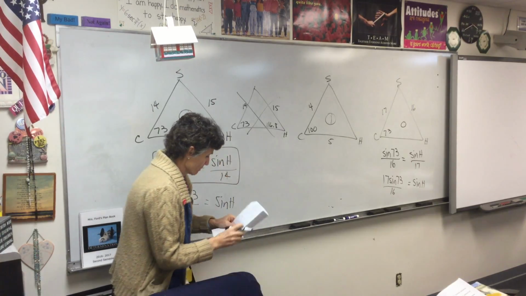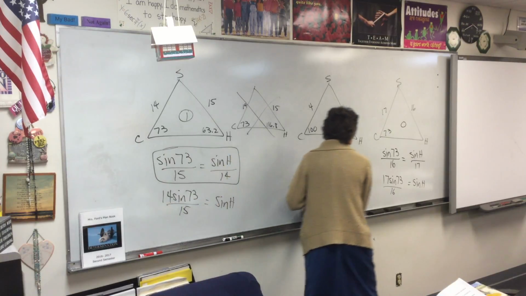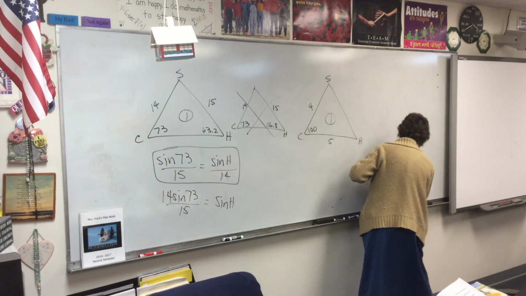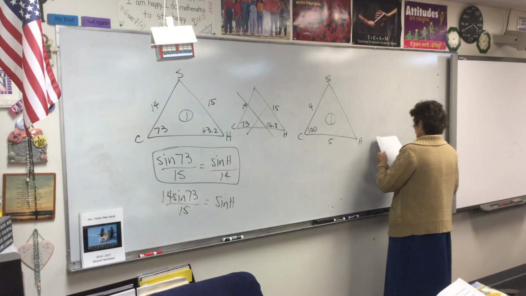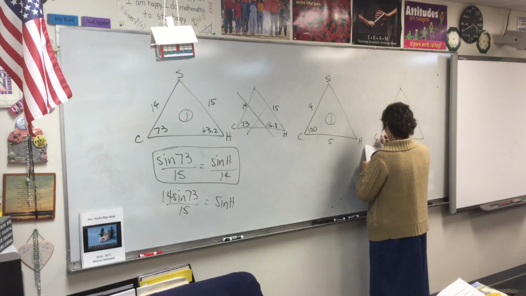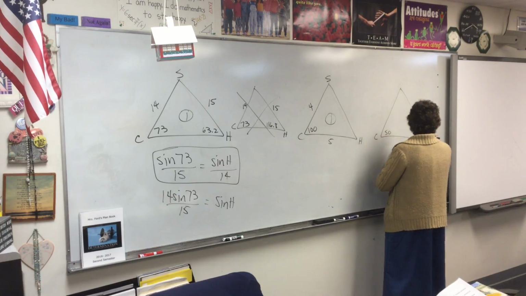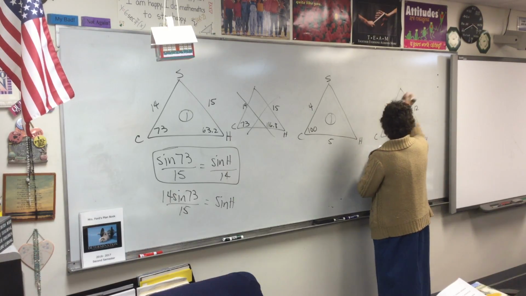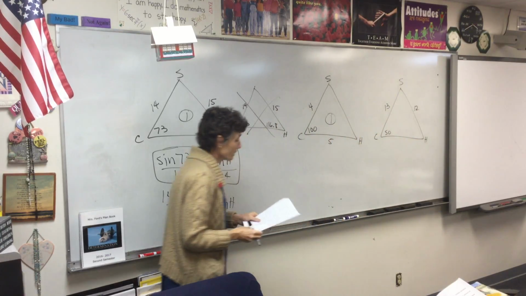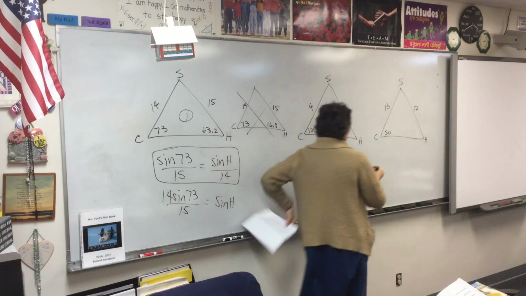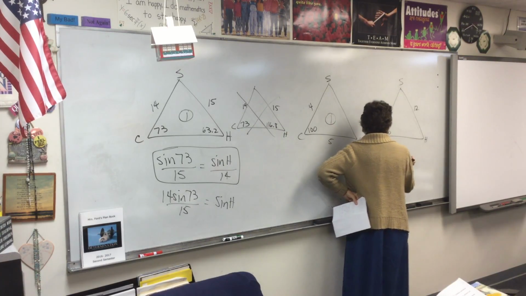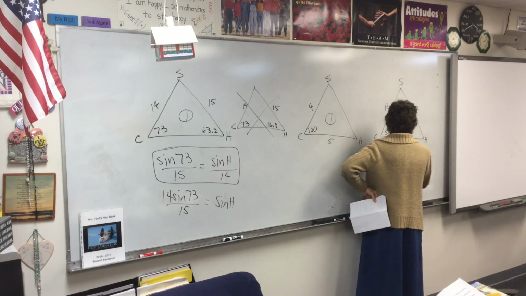All right, one more. So here we go. Sine 50 over 12 equals sine H over 13.